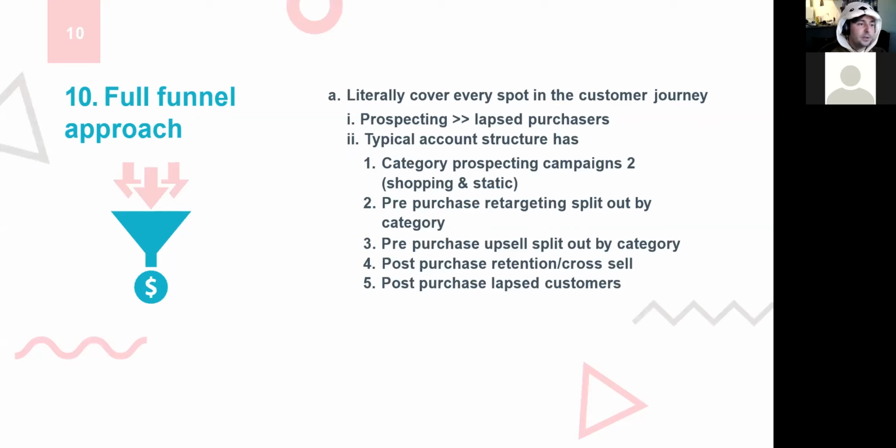Then 1 pre-purchase retargeting campaign split out by category, and 1 pre-purchase upsell campaign split out by category. Then 1 post-purchase shopping retention campaign, for recent purchasers and cross-selling. And then 1 post-purchase shopping campaign for winning back customers, so anyone who purchased more than 31 days ago or more than 60 days ago. Sorry, this should be 2 pre-purchase retargeting campaigns, but you get the idea.